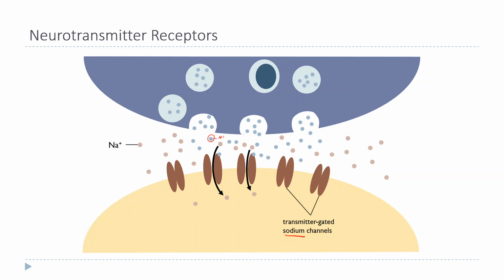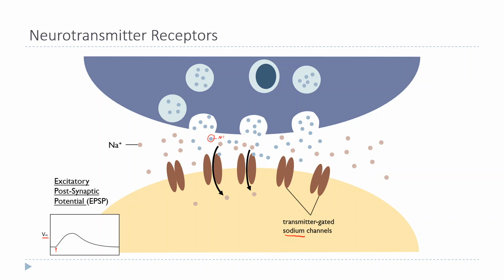So if you open a sodium channel, sodium will come in, and that will raise the membrane potential, or what we say is that it will depolarize the membrane. So if you have a neurotransmitter-gated sodium channel, most of the time it will depolarize the membrane, and that's what's happening here. Here's a graph of membrane potential over time in response to neurotransmitter release, or in response to the neurotransmitter-gated channels opening.